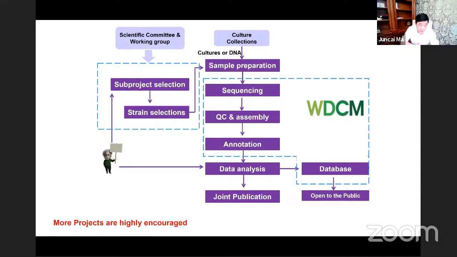If the collection wants to join, they will provide strains or DNA. Then WDCM will do the sequencing and the assembling, we will work together to do the data analysis, and then we will work together to make the joint publication. And all the data is open to the cooperation partners, and when the paper is published, our data will be open to the public.